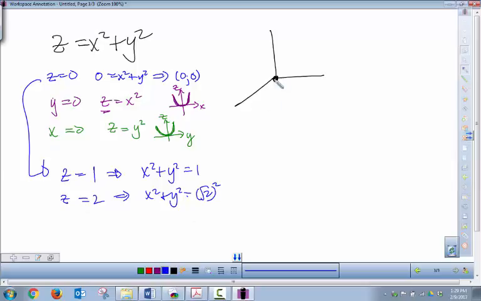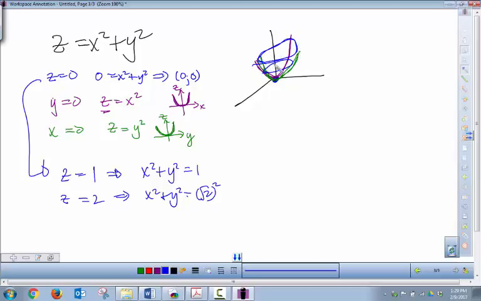It's a dot at the origin. It's a parabola on the xz plane. Another parabola on the yz plane. And then now if you make your cuts a little bit higher, they're going to be circles.